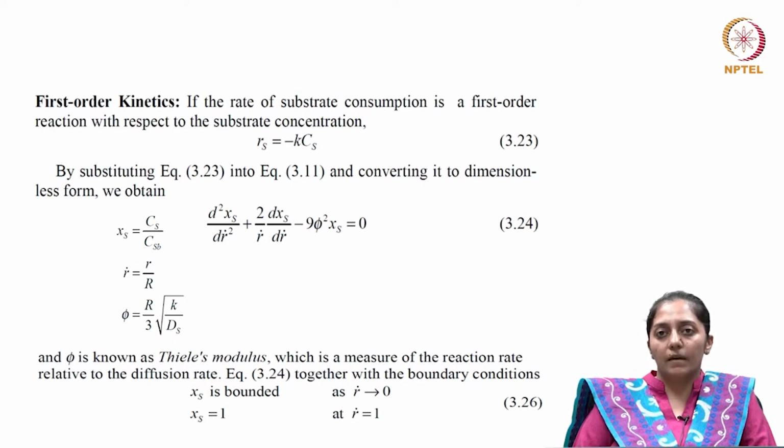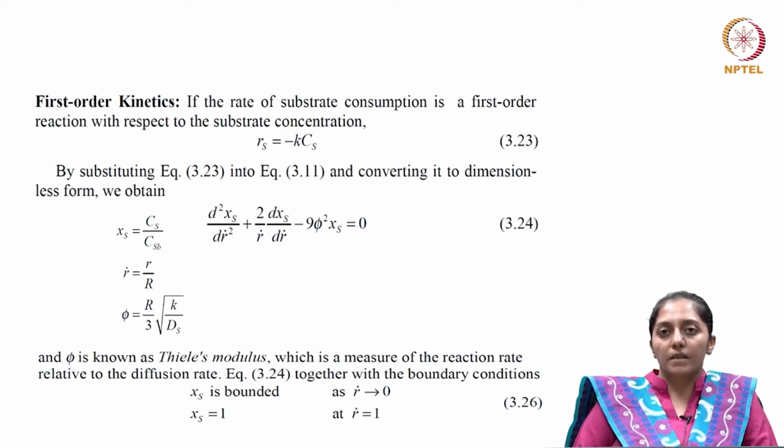Today we are going to assume first order kinetics and see how the efficiency factor or the substrate profile in the presence of diffusional limitations changes with the radius of the pellet.